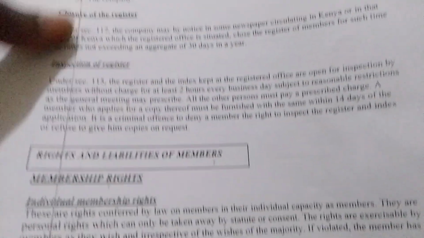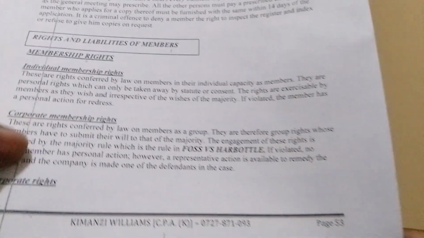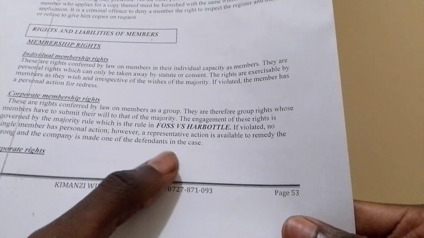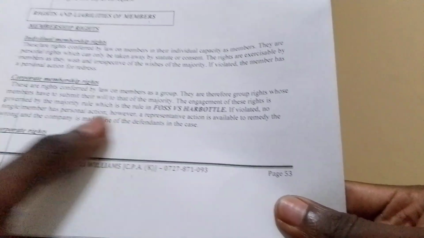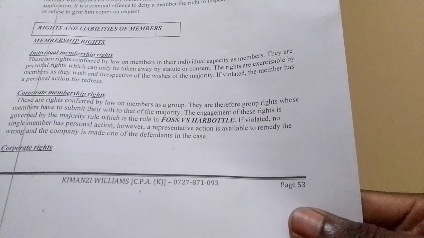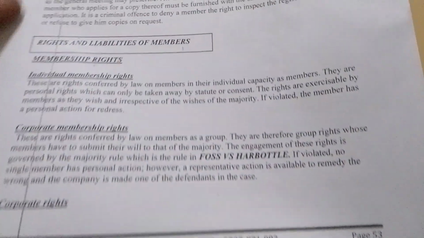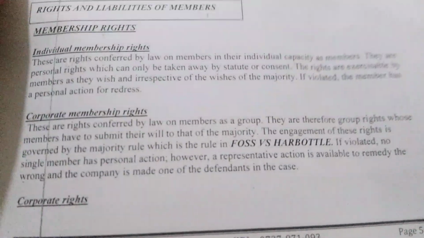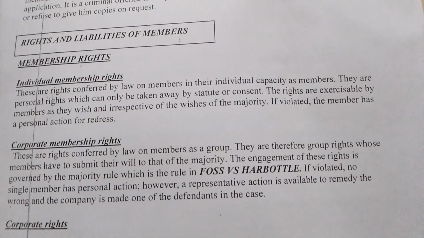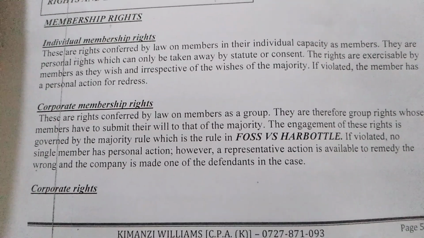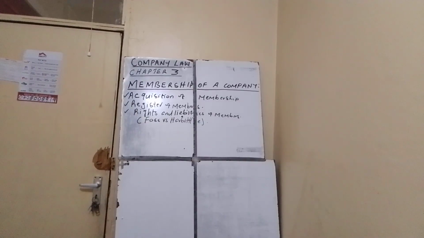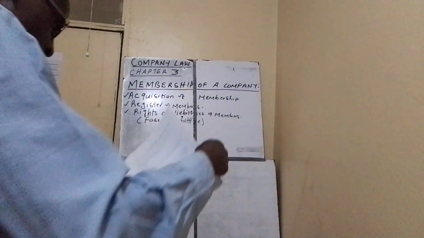It's quite important that you understand the spelling here. Foss versus Harbottle, check the spelling. This is a very important case study as far as chapter 3 is concerned. Just go through individual membership rights as well as corporate membership rights. You just pause your video and check that.